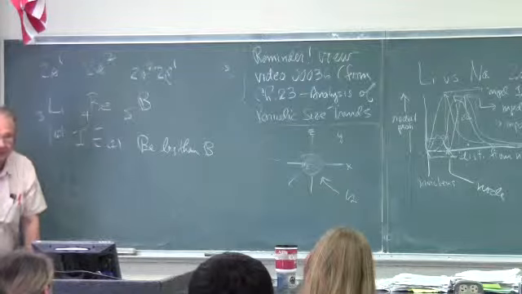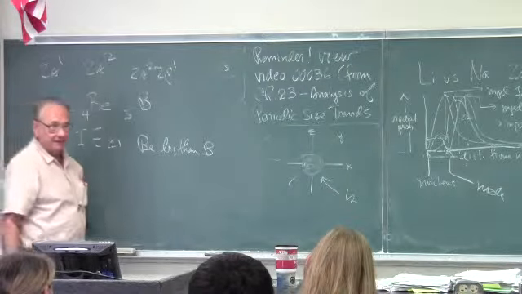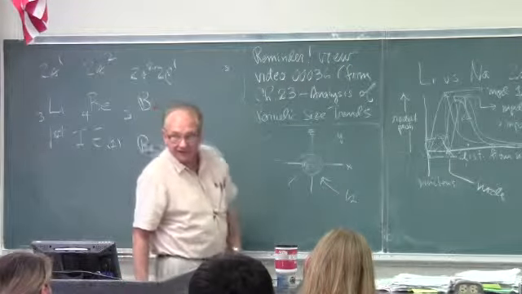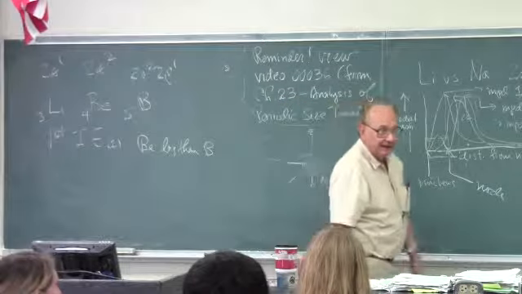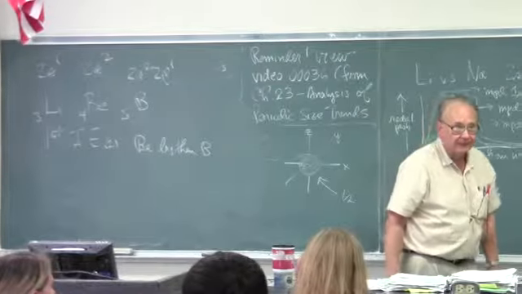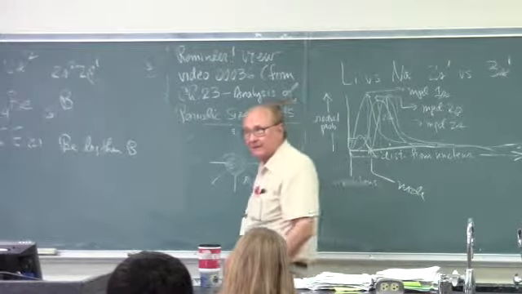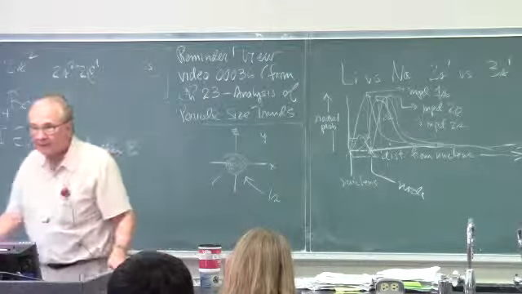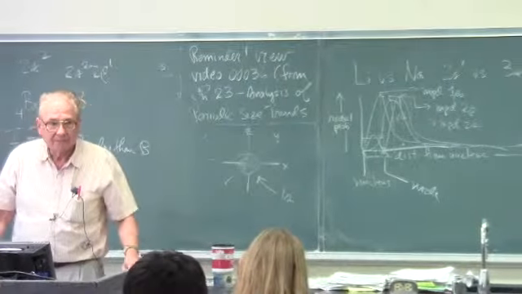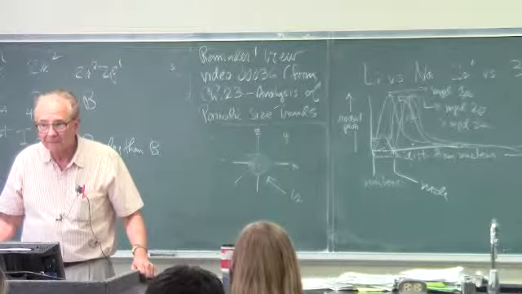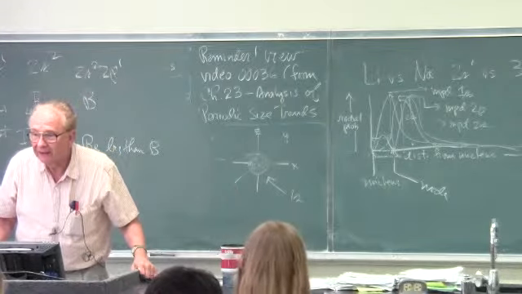Which one is harder to ionize? Beryllium's harder to ionize. Why is that? It takes more energy to relieve the 2s2 than the 2p1. Why?